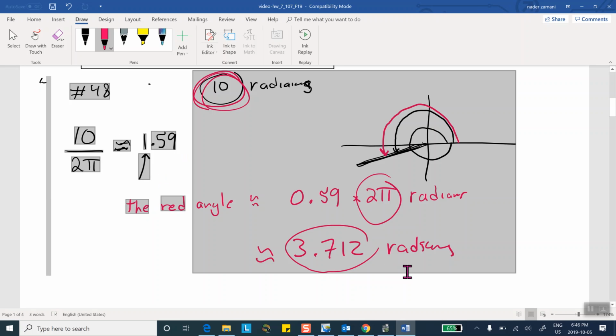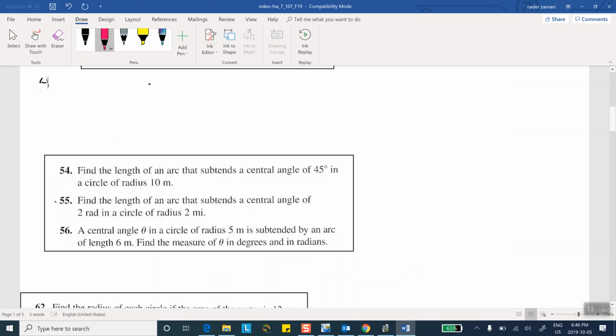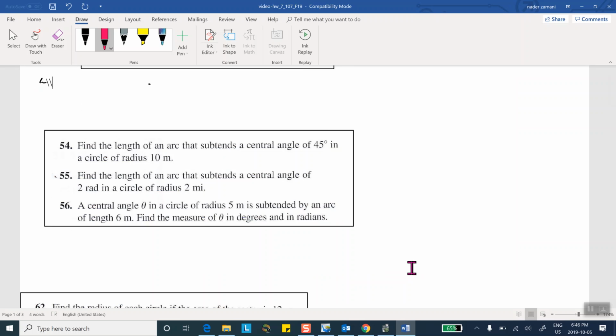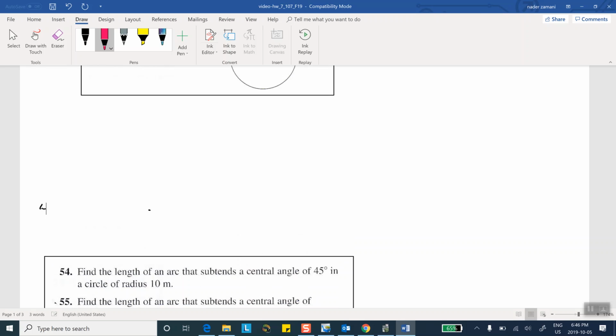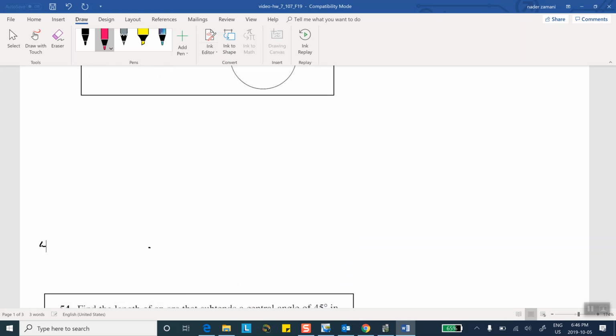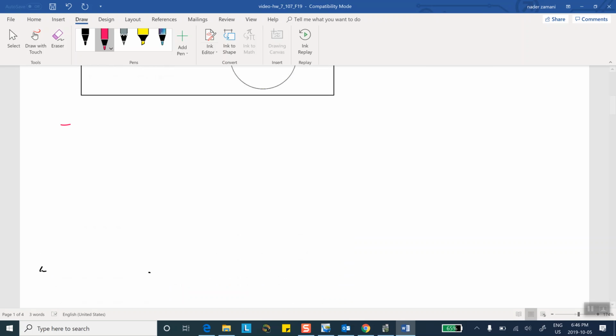Okay, let's go to the next one, number 49. It's 17 pi over 4.